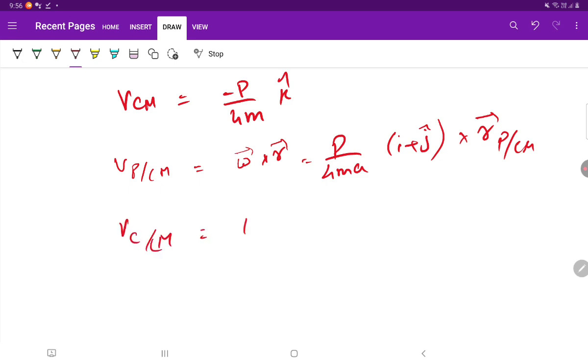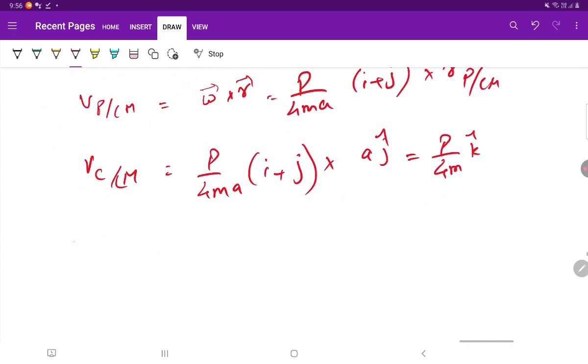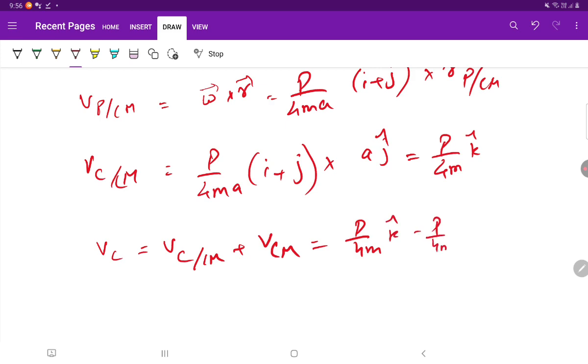Which will come out to be p by 4ma times (i plus j) cross a j cap. I cross j is given as plus k cap, which will come out to be p by 4m plus k cap. So velocity of C will be velocity of C with respect to center of mass plus velocity of center of mass, which will come out to be p by 4m k cap minus p by 4m k cap, which is equal to 0.